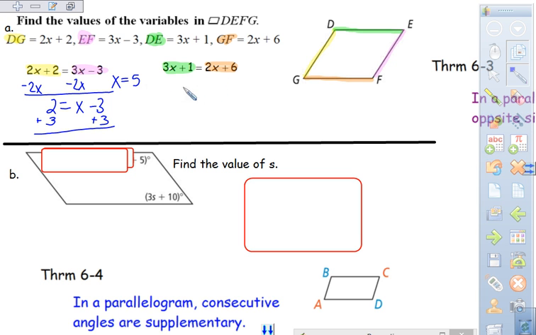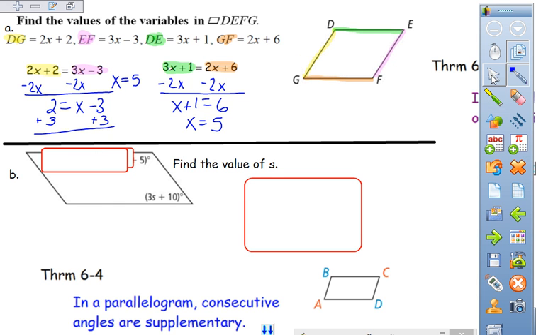If I were to solve the other equation, I'm going to subtract 2x and I also get the same answer. So I wouldn't necessarily have to do both equations just because there is only an x. Once I solved x, unless I wanted to check my answer, I could just do one of the equations.